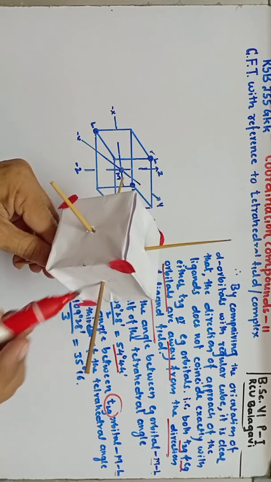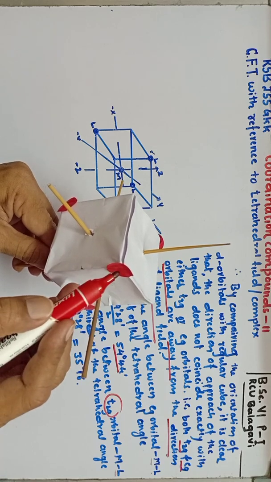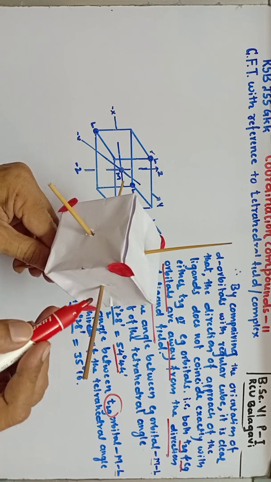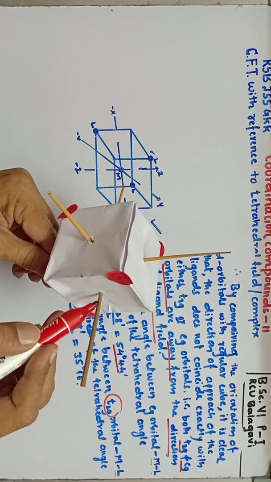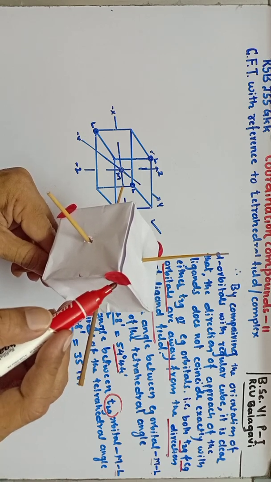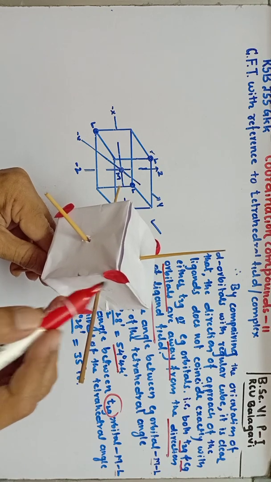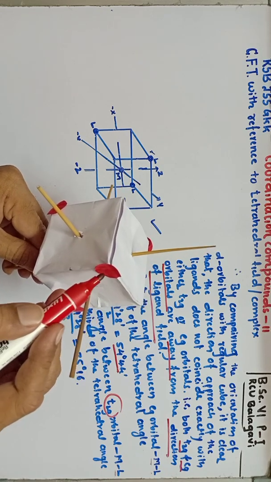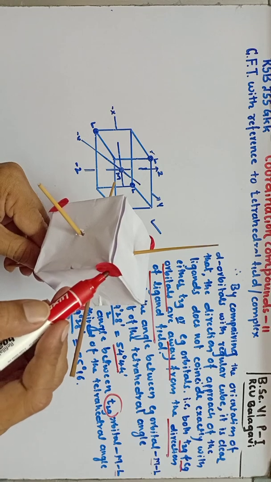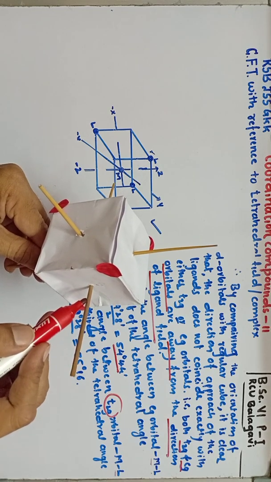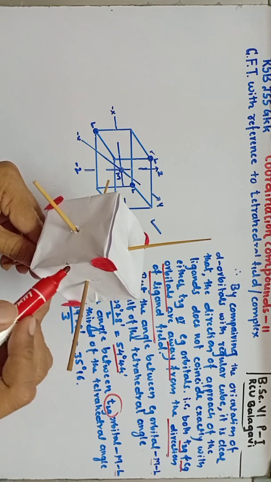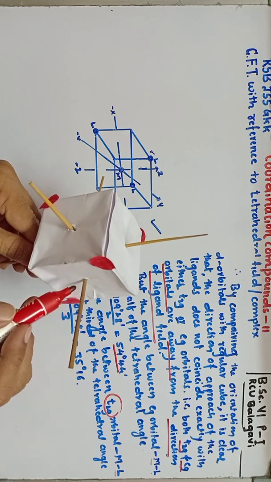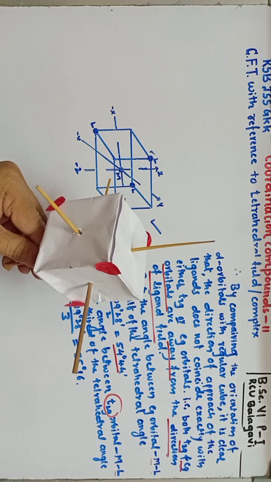Therefore the T2G orbital will experience more repulsion when compared to the EG orbital, because the EG orbitals are a little bit more away from the ligand. That means T2G orbitals are nearer to the ligand field, therefore T2G orbital energy increases more when compared to the EG orbital.